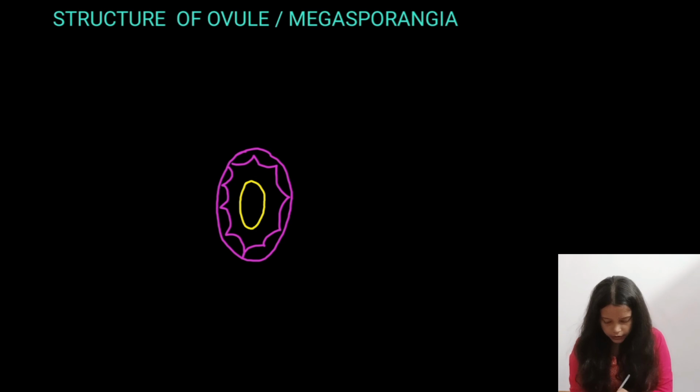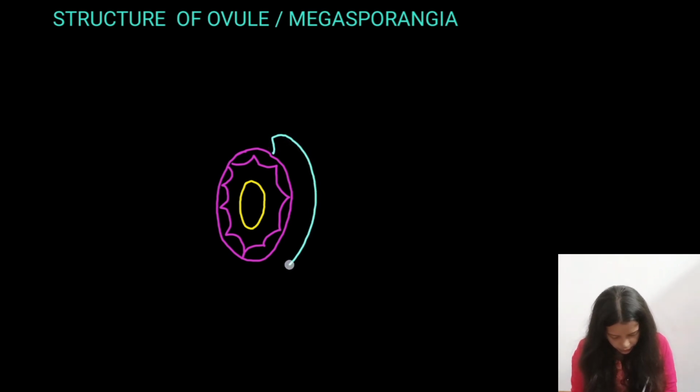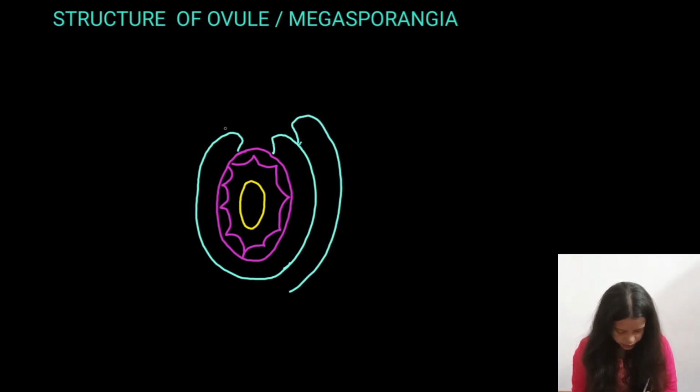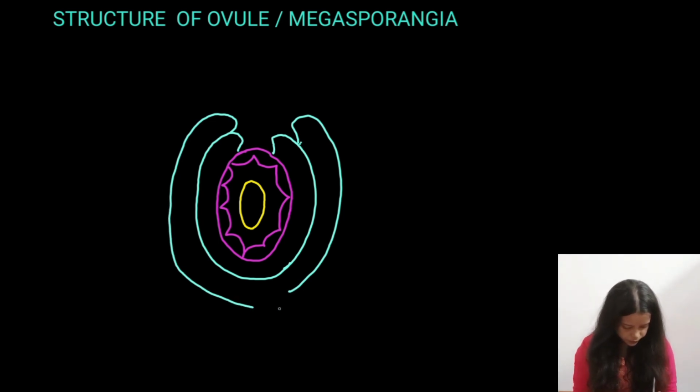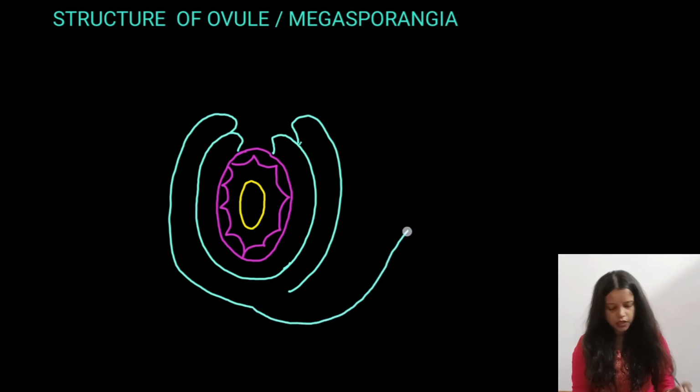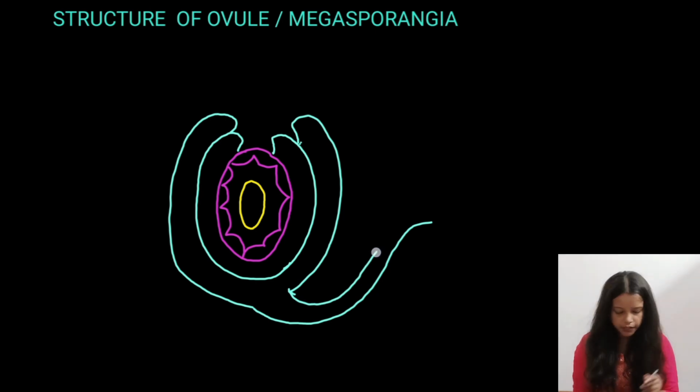Further, this nucellus is covered by coverings. Let's draw two coverings here. This covering is known as integument. Further it will proceed into the stalk, which is known as funicle. Now let's label the diagram.